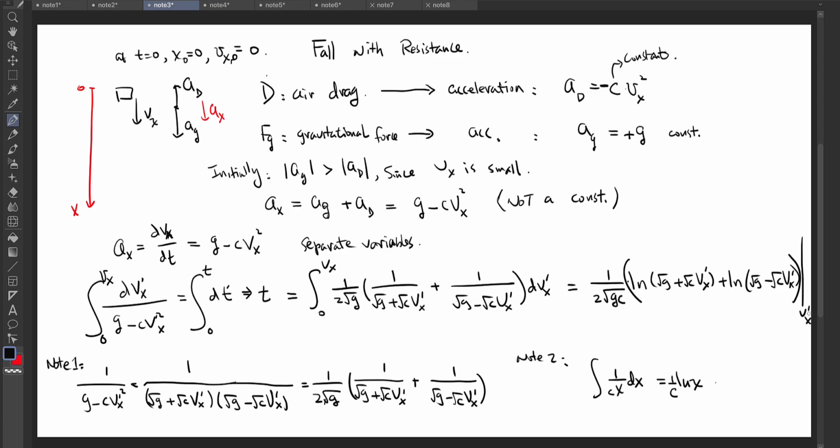X prime goes from 0 to Vx. Okay, so now we can plug in the numbers, and then we will get the following final result from the integral.